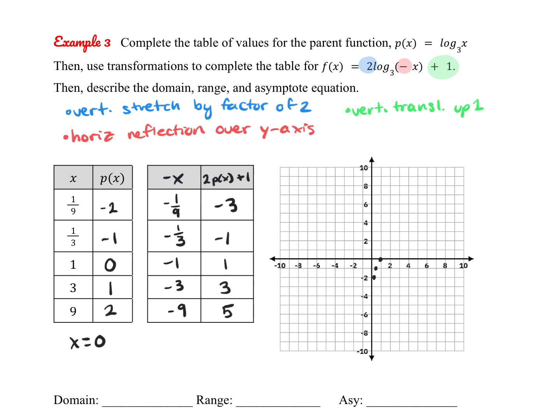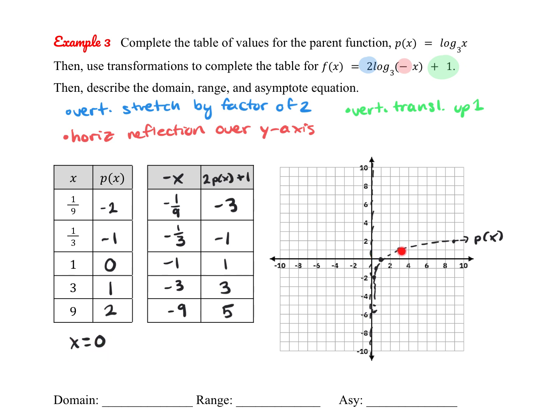Then we have (1, 0), (3, 1), and (9, 2). So remember, these graphs have vertical asymptotes at x equals 0. It's a vertical line, so it's x equals 0.